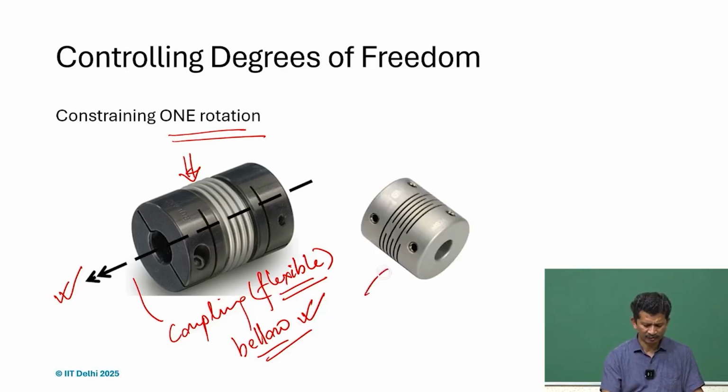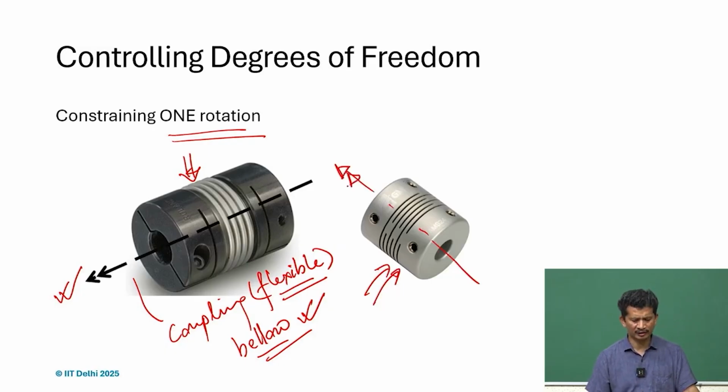Similarly, we can also use these couplings, and this can also provide the rotational constraint in this direction, and we can see the alternate arrangements. So, it's a slit, and there are alternate arrangements, and the thickness of the members is quite important, so that we can get certain degrees of freedom except the rotational part.